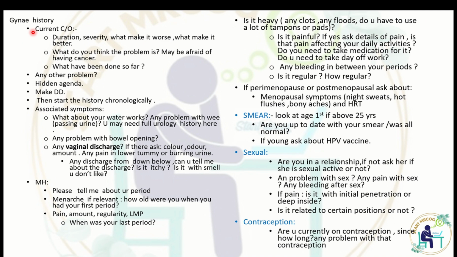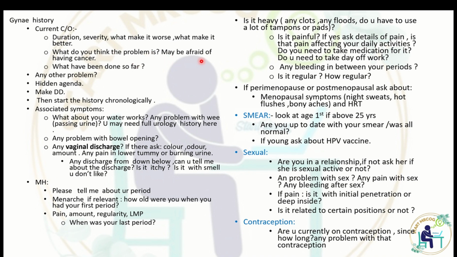In the gynae history, we have to cover in the current complaint the duration, severity, what makes it worse, what makes it better, and ask her what do you think could be the problem, because in a gynae complaint like pelvic pain, for example, you will have many reasons, many differential diagnoses, and we have to establish her ideas in terms of her thinking what could be the problem.